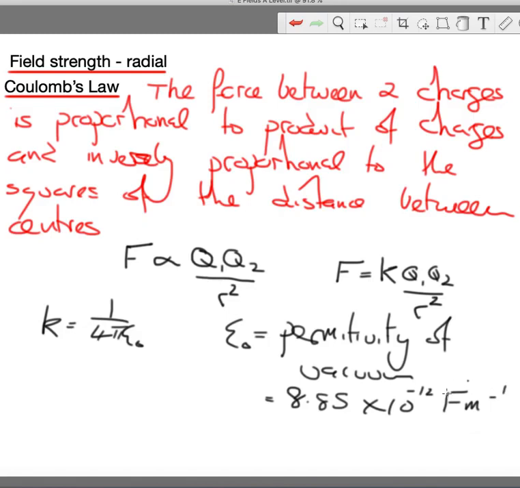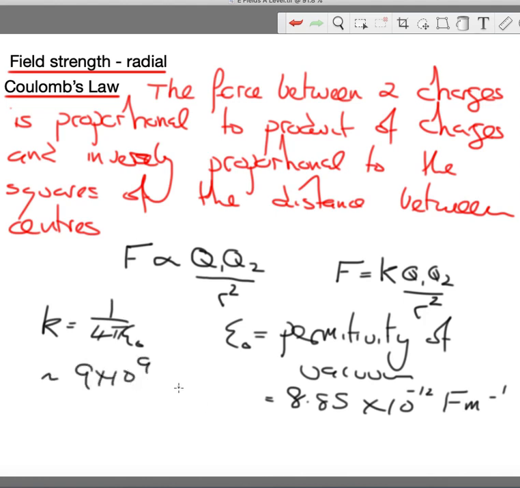Now, don't worry about the farads because that's a unit we'll come across when we do capacitors, which we will do after we've done electric fields. But notice the size of the constant here, 1 over 4 pi times this. That's going to give you something like 9 times 10 to the 9.